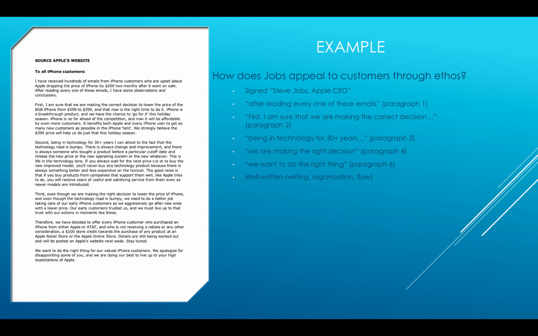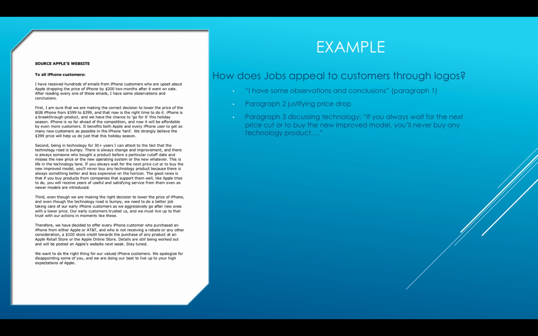That reflects on your credibility as an author as well. You may see other ways he demonstrated ethos, but those are some of the things that jump out to me as seeing how he used his credibility or demonstrated his credibility in order to persuade his readers of his argument.